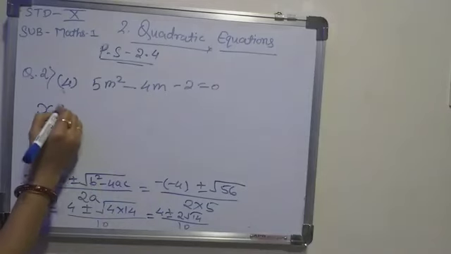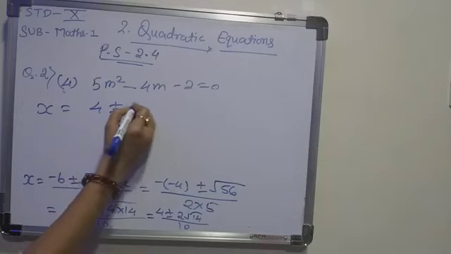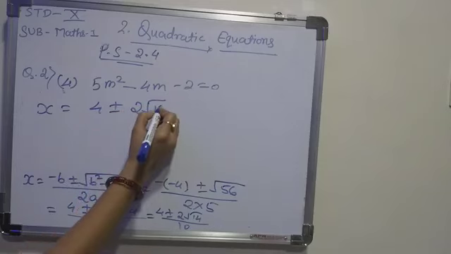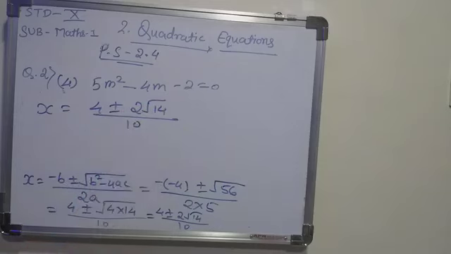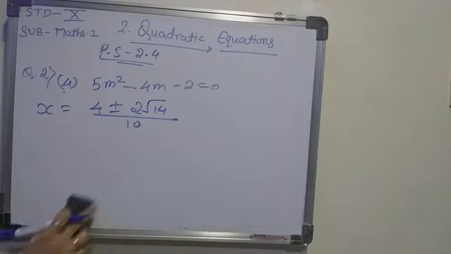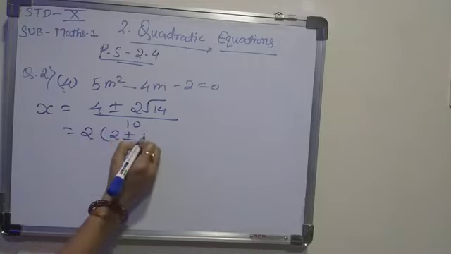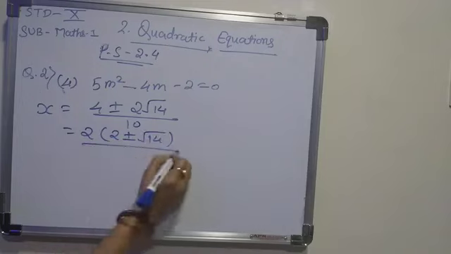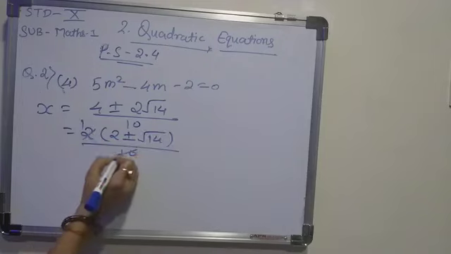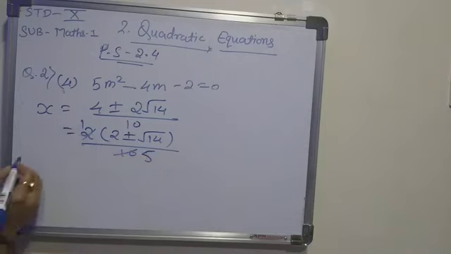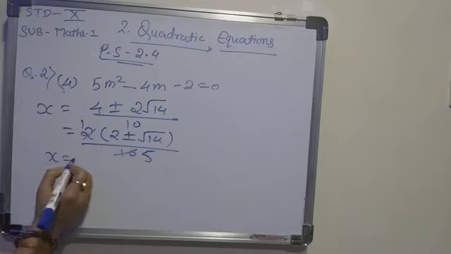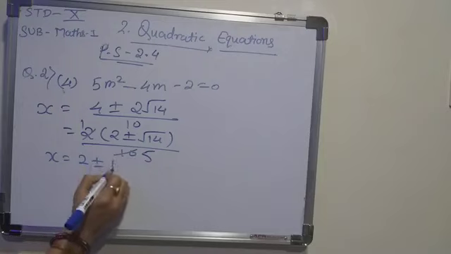So you will get x is equal to 4 plus minus 2 under root 14 upon 10. Two ones are 2, 2 5s are 10. So your x value is 2 plus minus under root 14 upon 5.